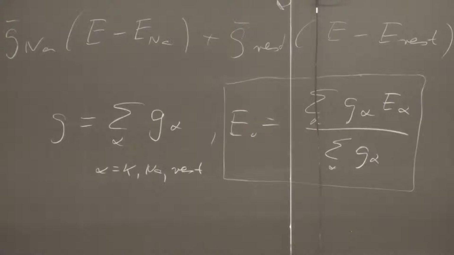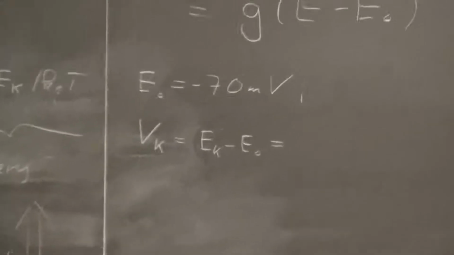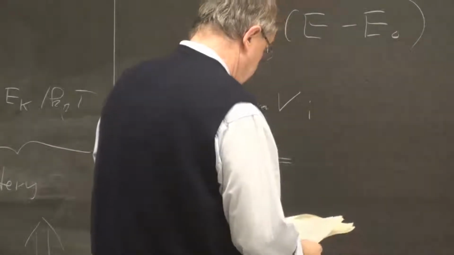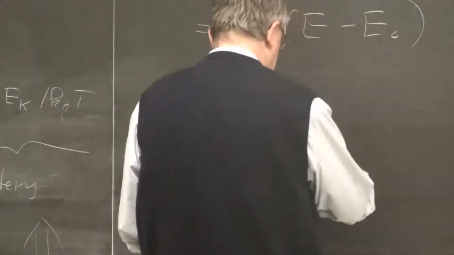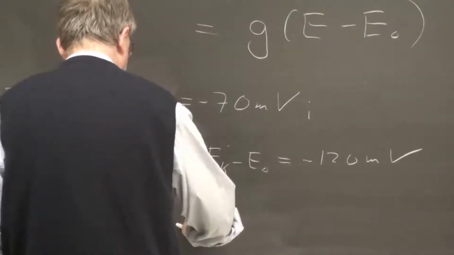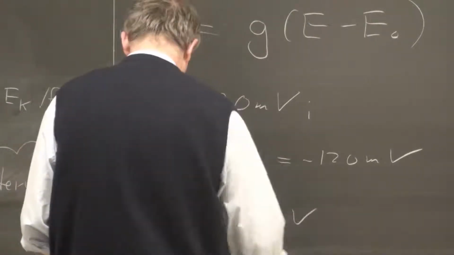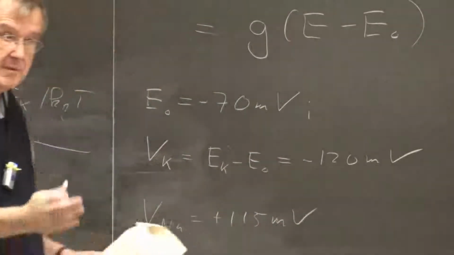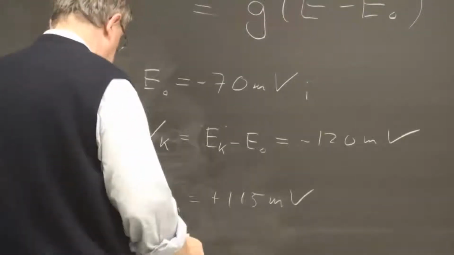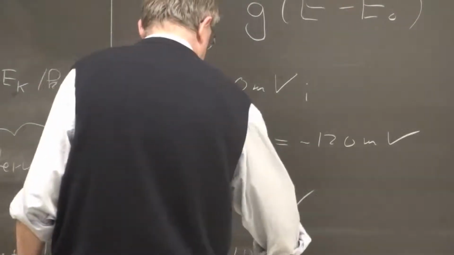How much do we deviate from the resting potential E0, where we don't have a net current? If we do that, then we find that the potassium is minus 120 millivolt. The sodium is plus 115 millivolt, about the same, opposite sign. So very interesting, about the same; in either direction we deviate by 100 millivolt, quite a bit. And the rest current, that tells it all, is 10 millivolts, so that's peanuts.